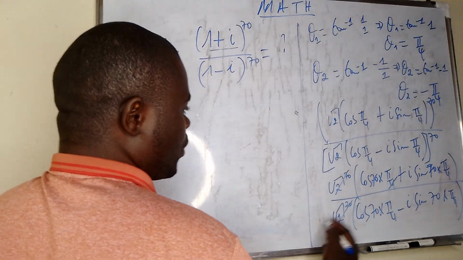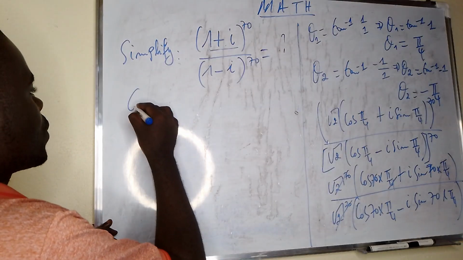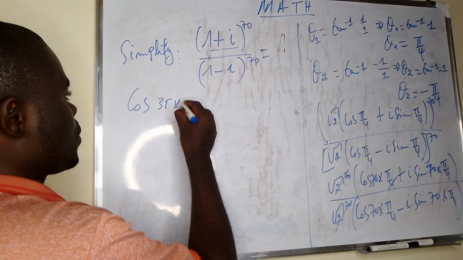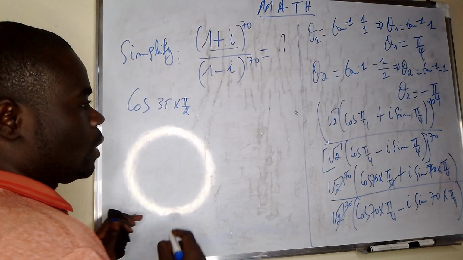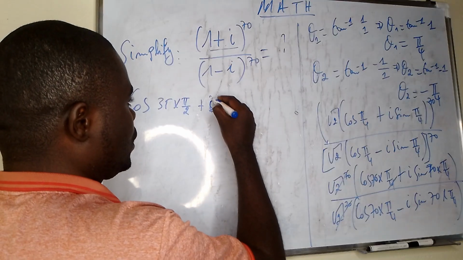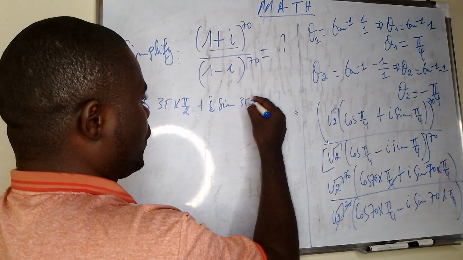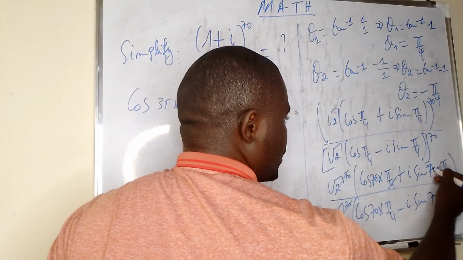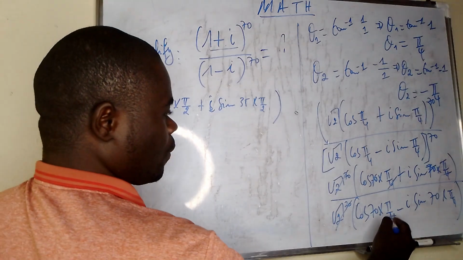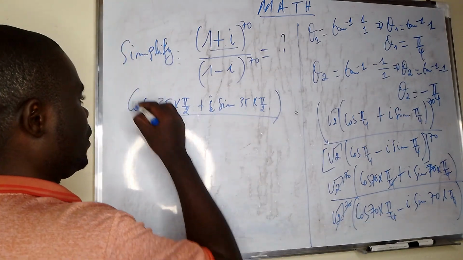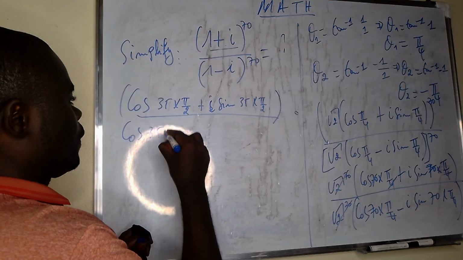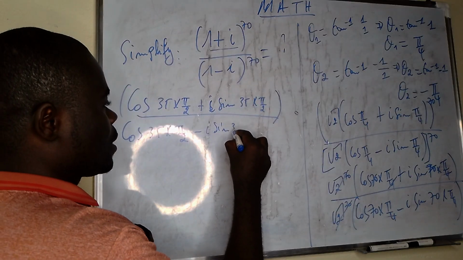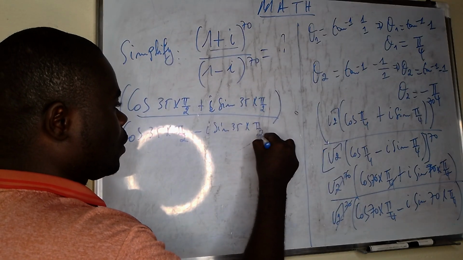When simplified, we get cosine of 5 times pi over 2 plus i sine of 5 times pi over 2. Also in the denominator, we divide by cosine of 5 times pi over 2 minus i sine of 5 times pi over 2.